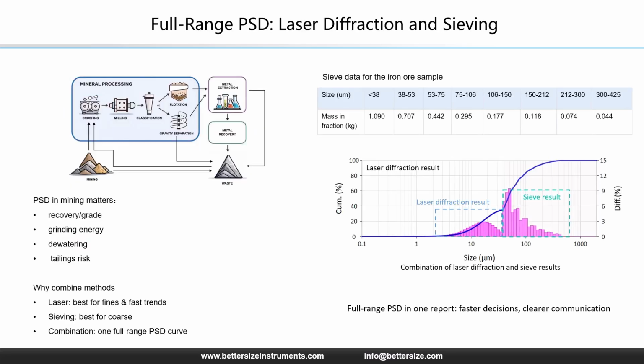In mining and soil analysis, a single method is often insufficient. Laser diffraction excels at fines, while traditional sieving remains the standard for coarse fractions. Historically, these datasets were incompatible. The 2600 Plus software bridges this gap with sieve laser fusion.